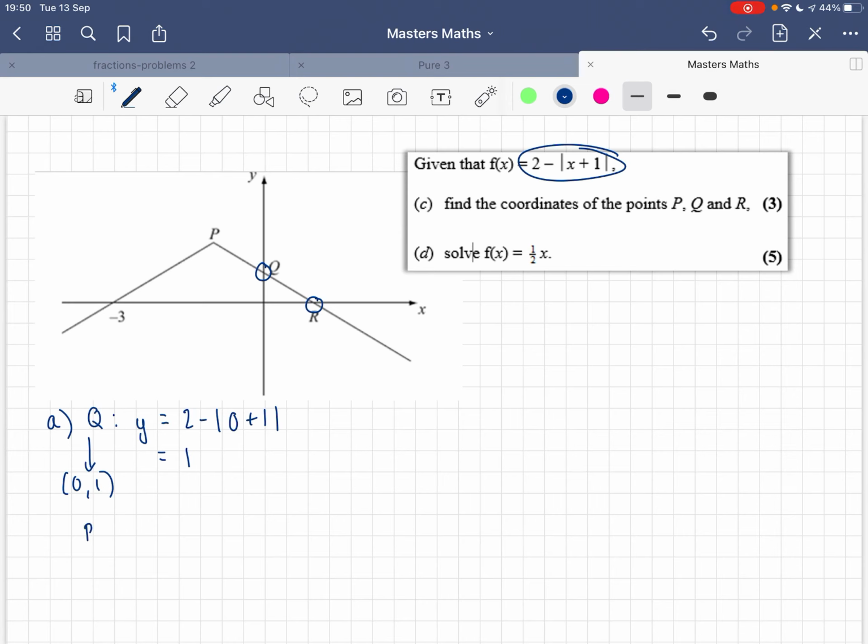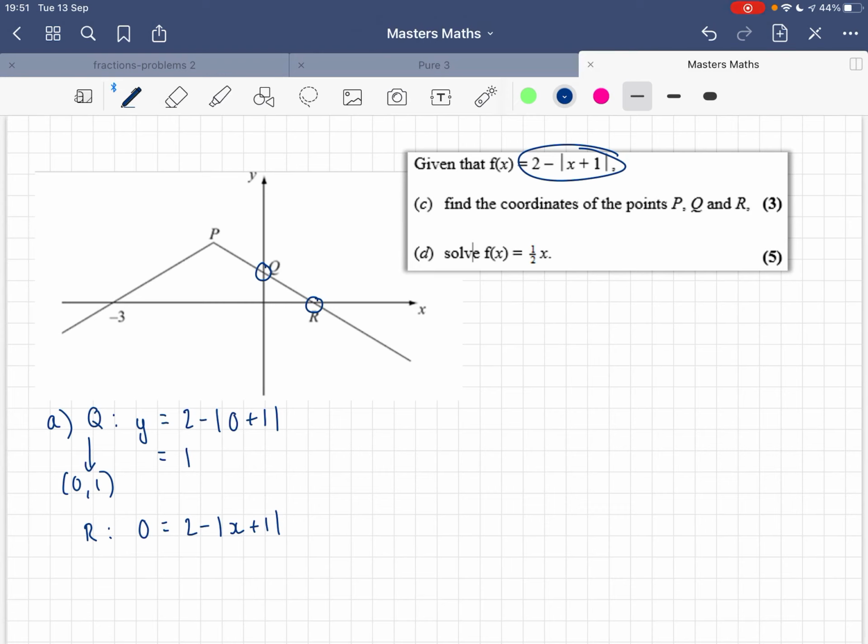For R, we've got the same thing, but this time we're putting y equal to 0, not x, because we're crossing the x-axis. So we have 0 is equal to 2 minus modulus x plus 1. That is solving a modulus equation.